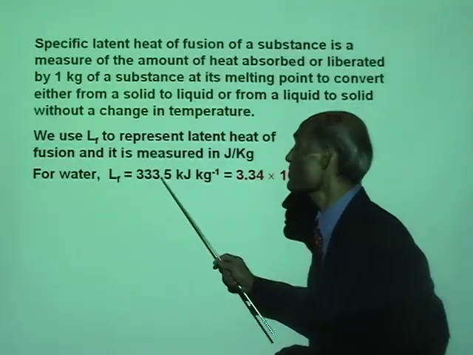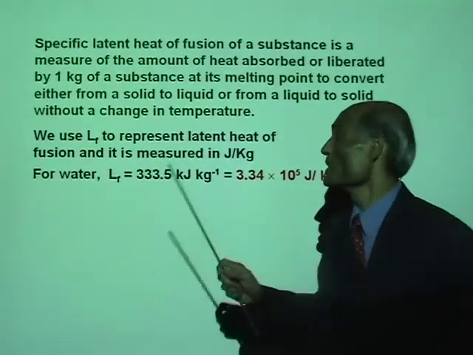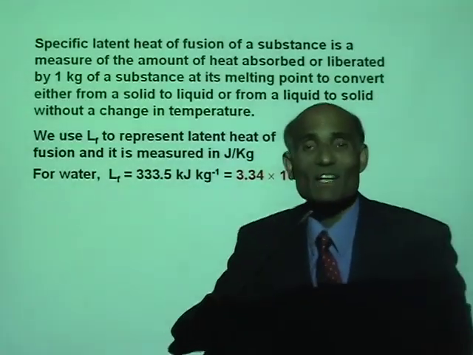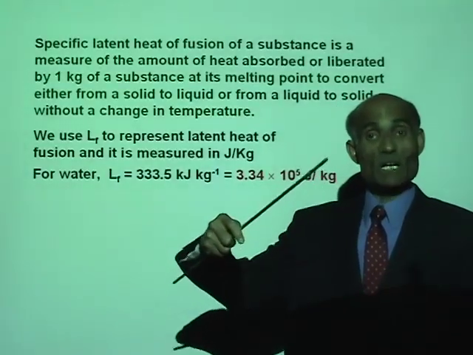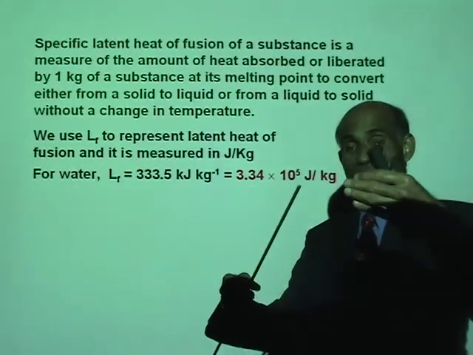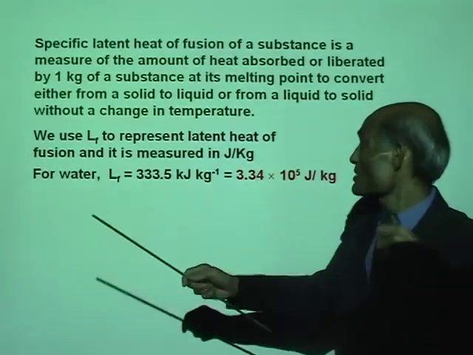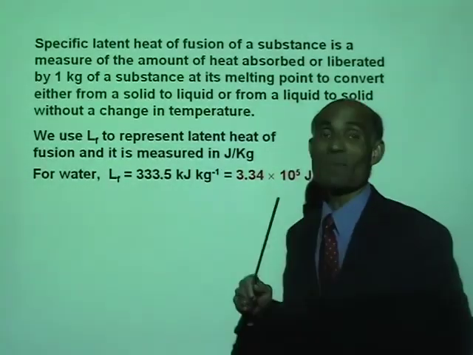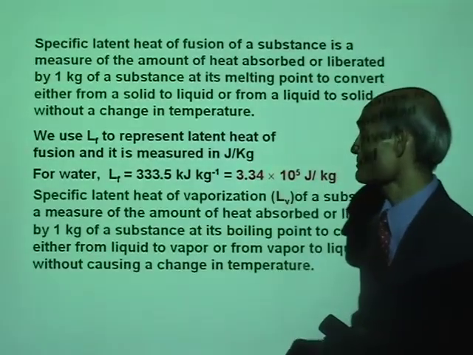You need 333,000 joules in order to convert 1 kilogram of ice to water, or 1 kilogram of water when turning to ice will release that much amount of heat. That's a tremendous amount of heat.